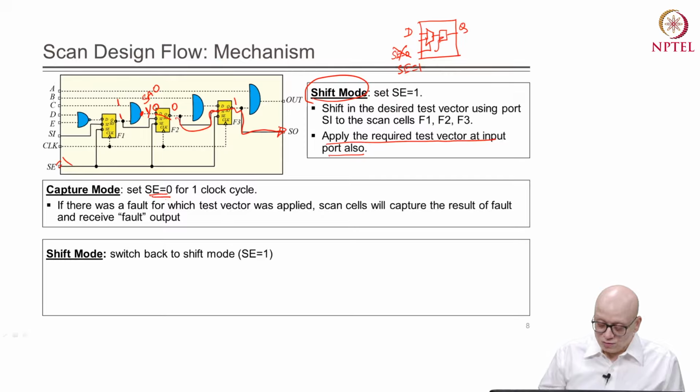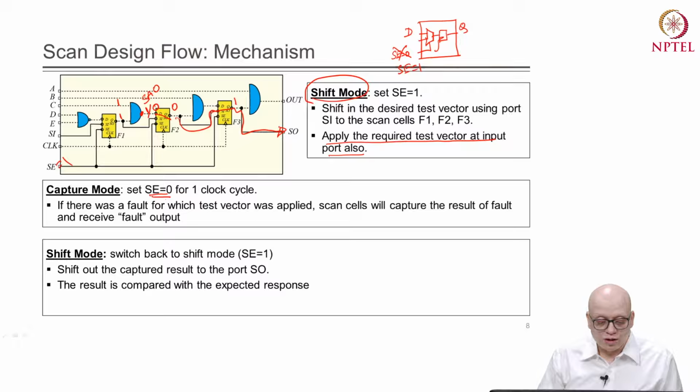So, we switch back to the shift mode, so shift out the captured result to the SO port. Whatever was captured by the D pin during the capture mode will appear at the SO port after a delay of maximum n clock cycles, and we can read the values that we are obtaining at the SO port.